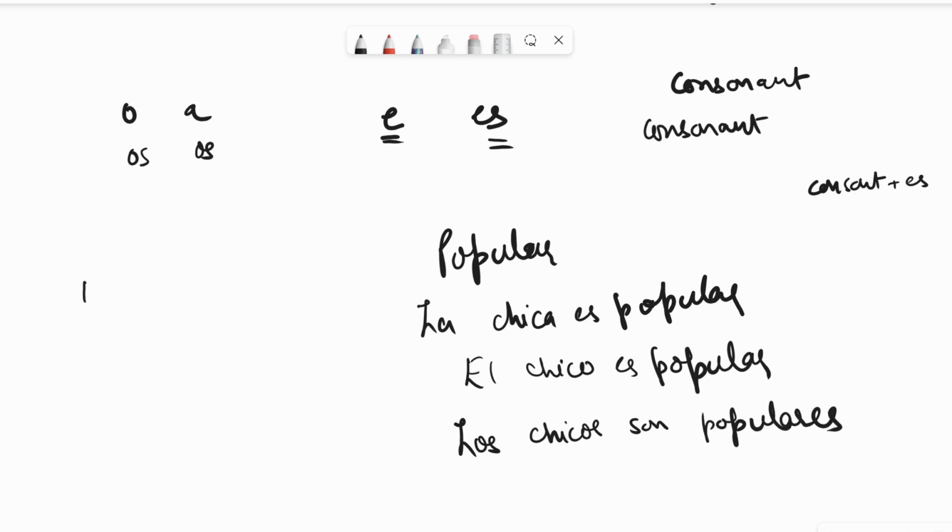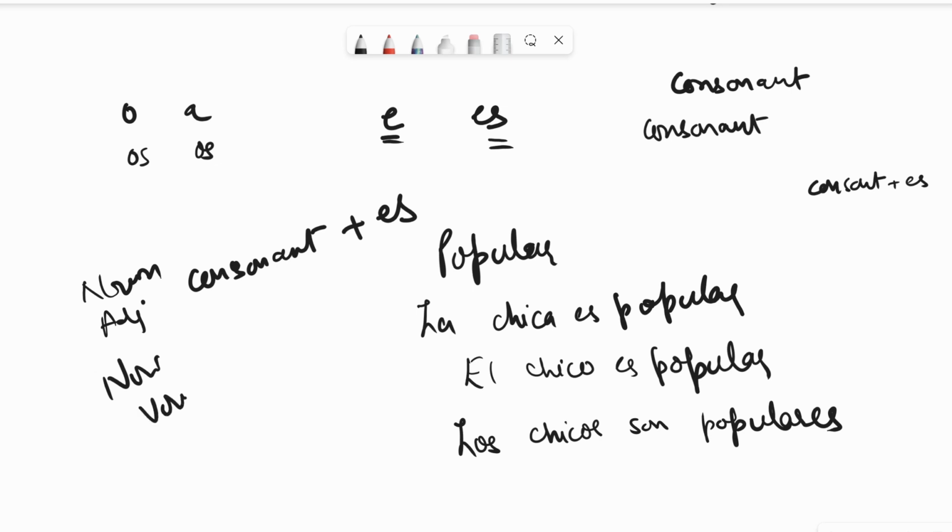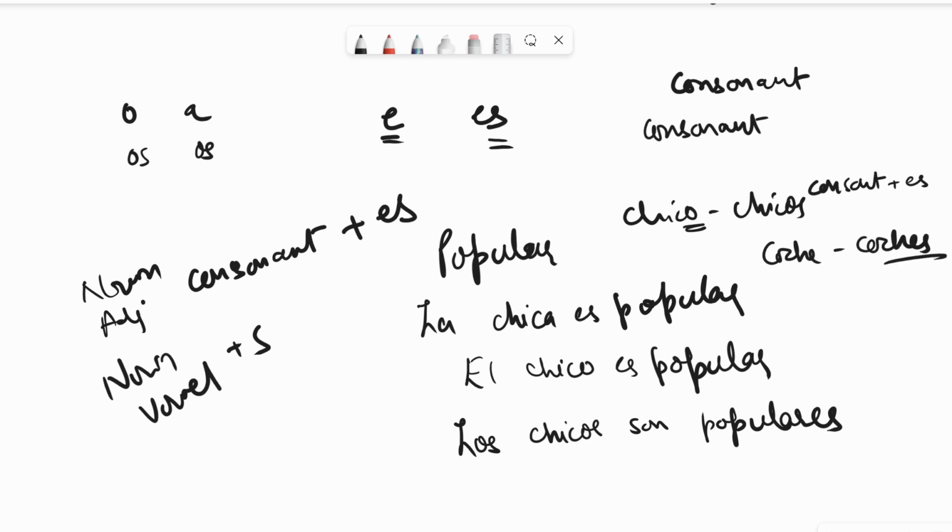Remember, whenever a noun or an adjective ends in a consonant, to make its plural, you always add es in the end. Whenever a noun ends in a vowel, to make its plural, you always add s. Right? Chico, plural will be chicos, ending in a vowel. Coche, plural will be coches, again ending in a vowel. Ciudad is a city, plural will be ciudades, ending in a consonant, so we have to add es to make the plural.